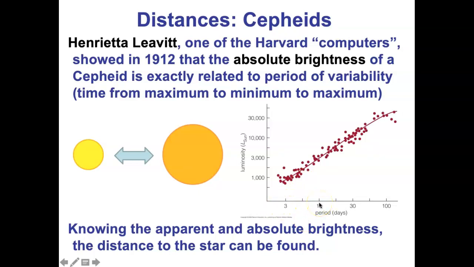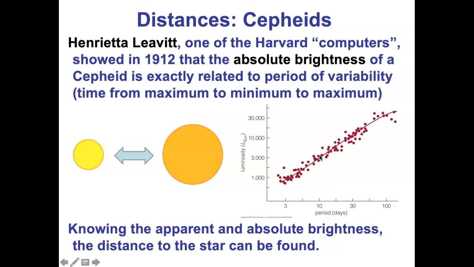So what is the period? The period is the time that the star takes to get bright, cool off, and then get bright again. It turns out that the longer the period of the star, the brighter it is, the higher luminosity it is.